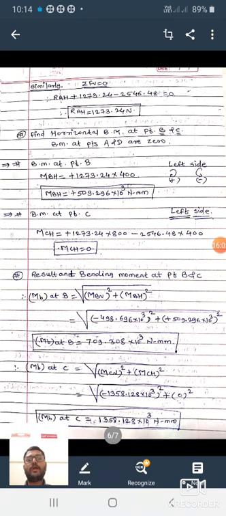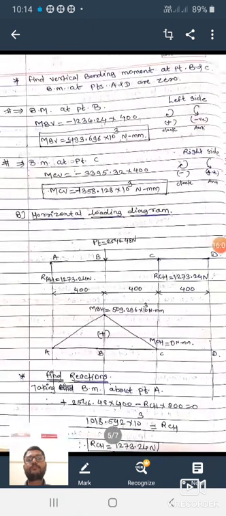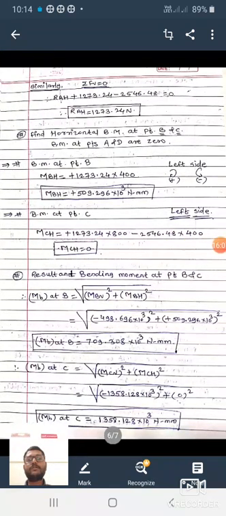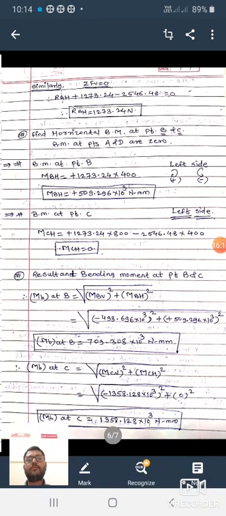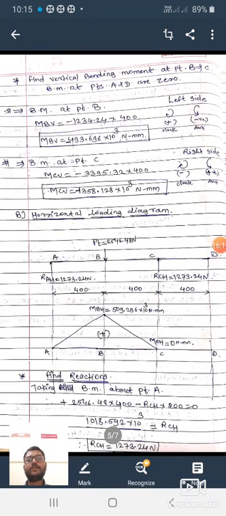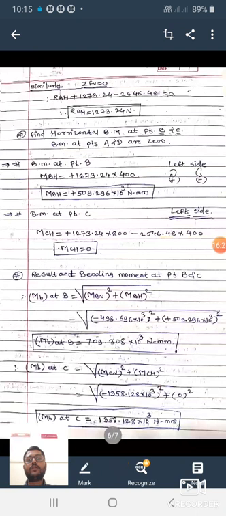For the bending moment at point C we consider clockwise as positive and anticlockwise as negative, using the RAH force and the tangential force PT with their perpendicular distances. Here we got MCH equal to 0.